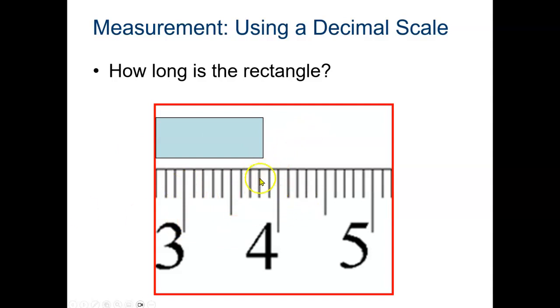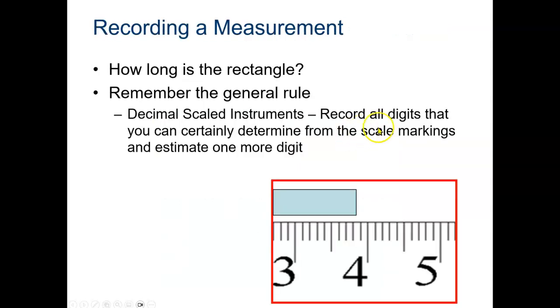And because there are no tick marks between the millimeter marks, you can only estimate to the hundredths place of the measurement. Perhaps you would estimate 3.83, 3.84. You'll just take your best guess. For our purposes, we're going to say that this is 3.8. So remember the general rule.